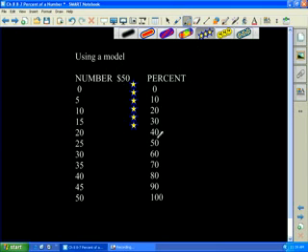Well, let's say I want to find 60% of $50. I'm going to draw down to the 60% marker, and the answer is $30. And let's just do one last one. Let's go with 20% of $50.